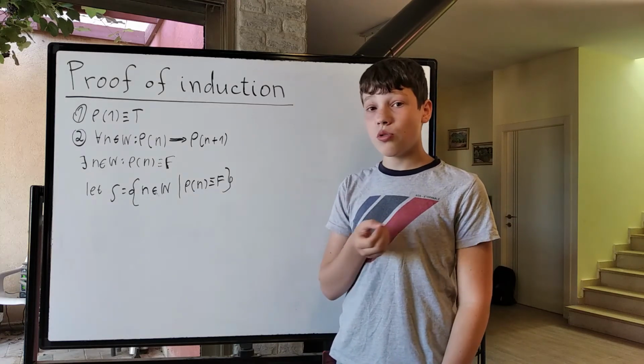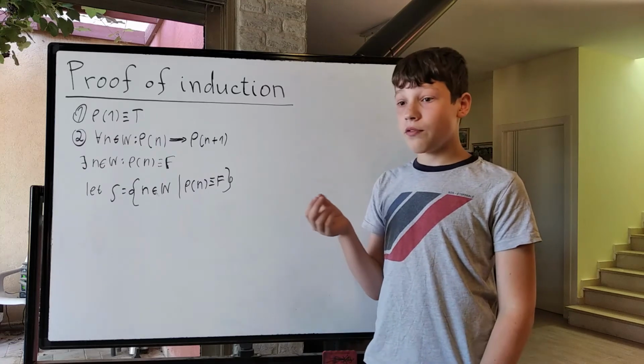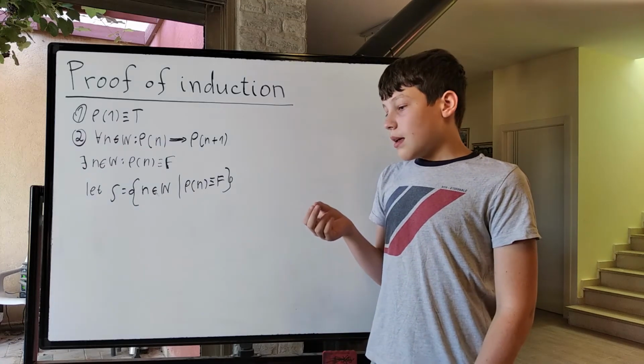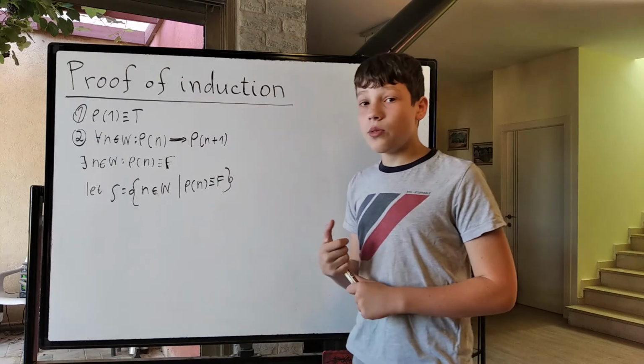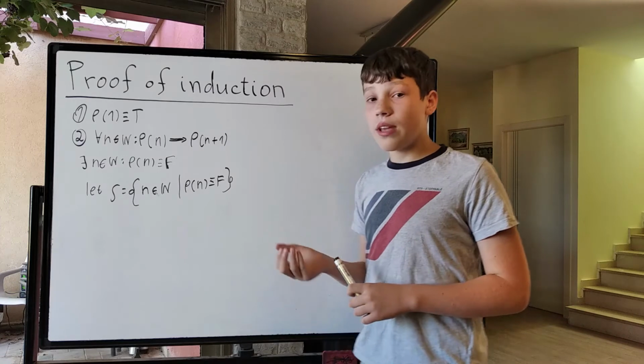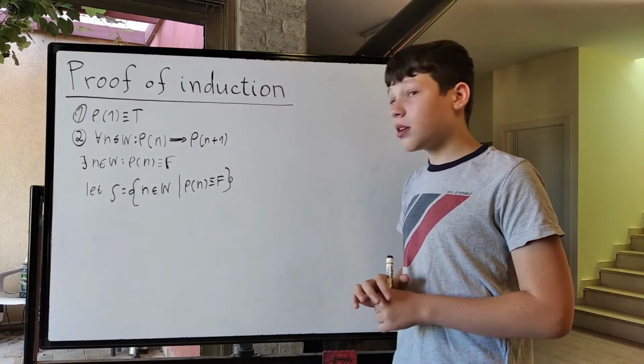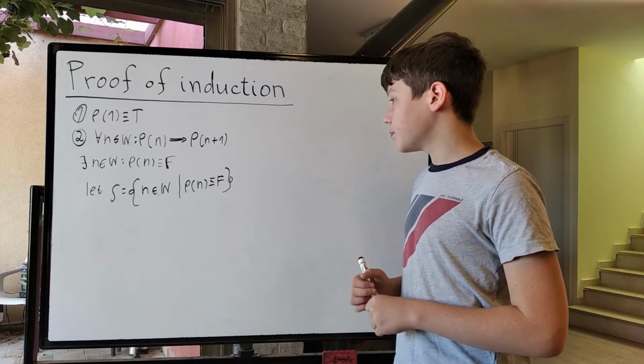Now I might do a formal proof of this in the future, but for now we can just use this as another given, as another theorem. And it's also very intuitive.